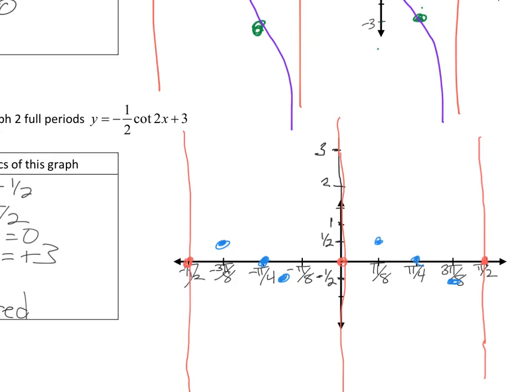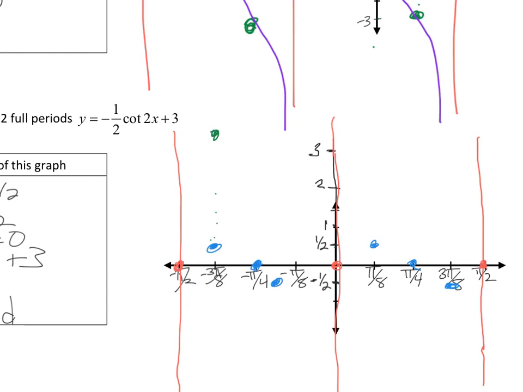So we go 1, so this top guy here becomes up to 3.5. Wow, I just noticed this blue dot isn't anywhere near the actual tick mark. There we go.